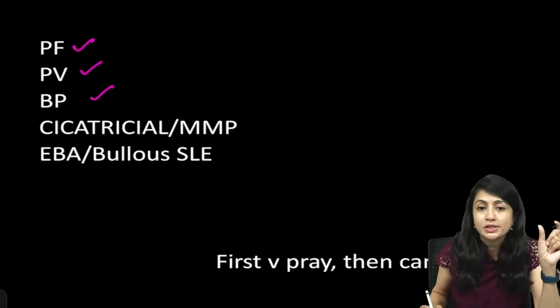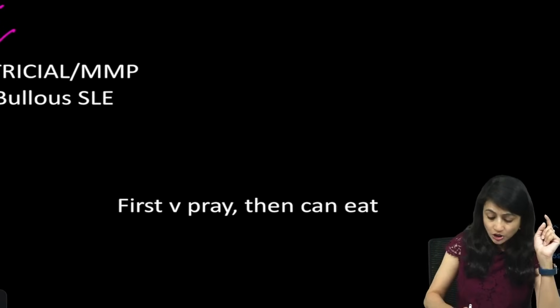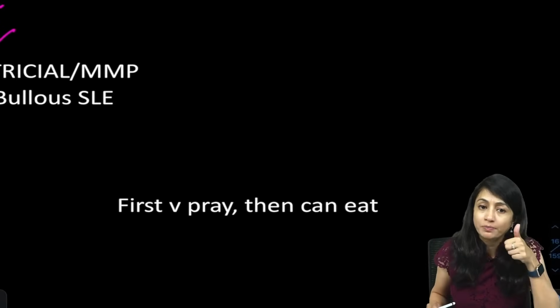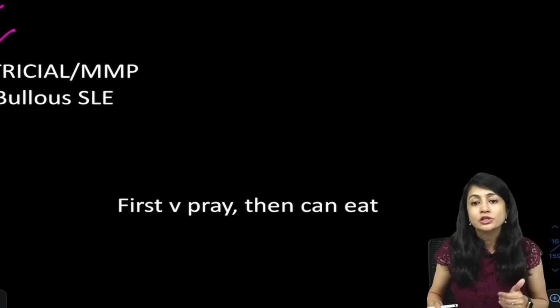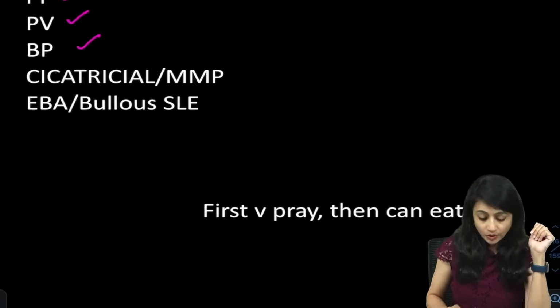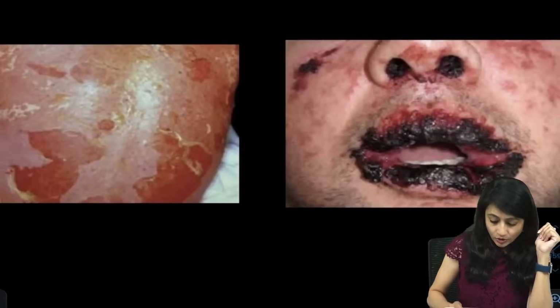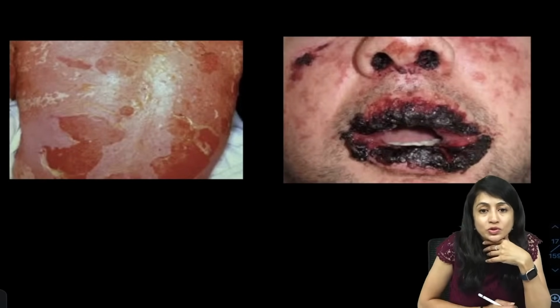Both EBA and bullous SLE are at the same level because their antigen is collagen 7. So remember this mnemonic: first we pray, then can eat. So by this you can mark the levels of various immunobullous disorders. Okay, clear?